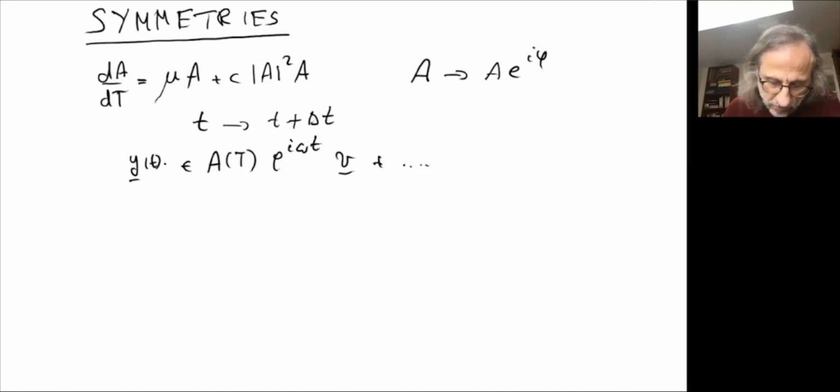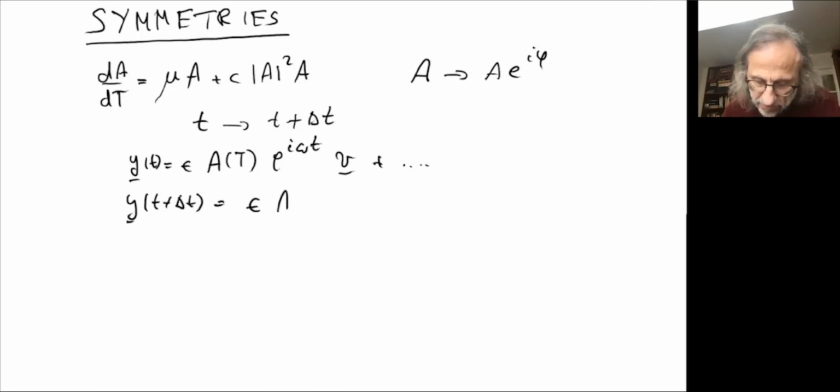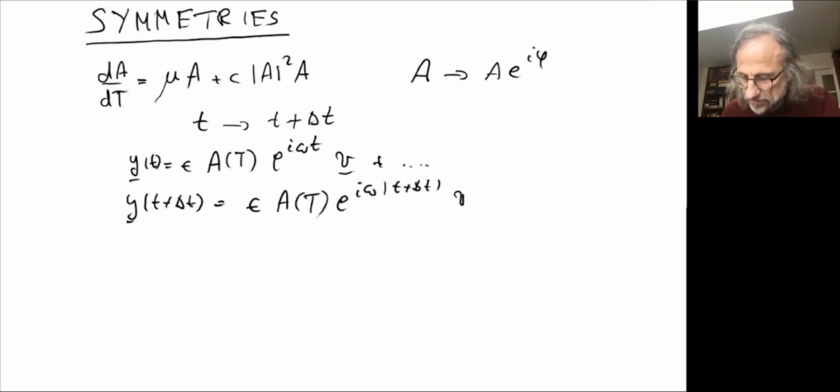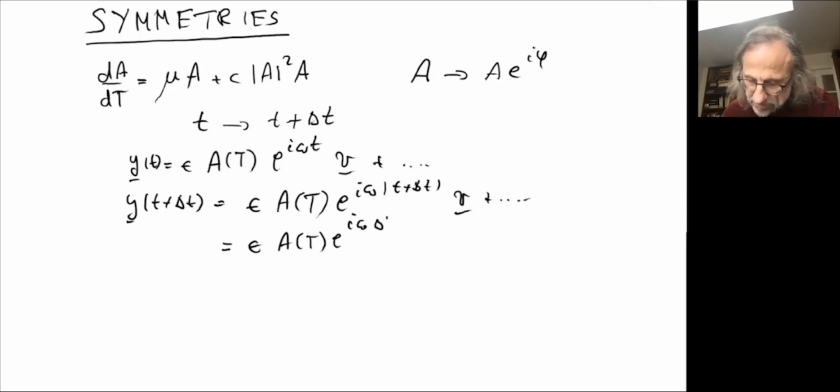When you look at y of t plus delta t, that's going to be epsilon A of capital T e^{iω(t+δt)} v plus stuff, which you can write as epsilon times A of T e^{iωδt} times e^{iωt} v plus stuff.